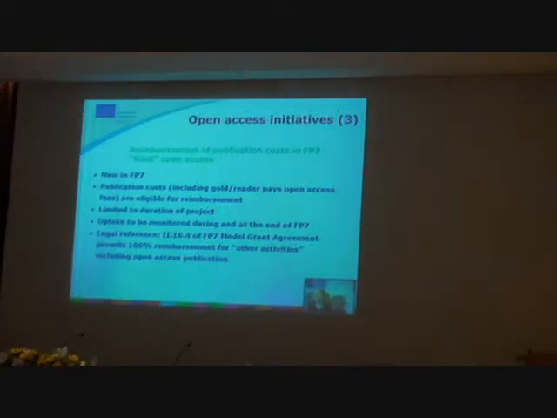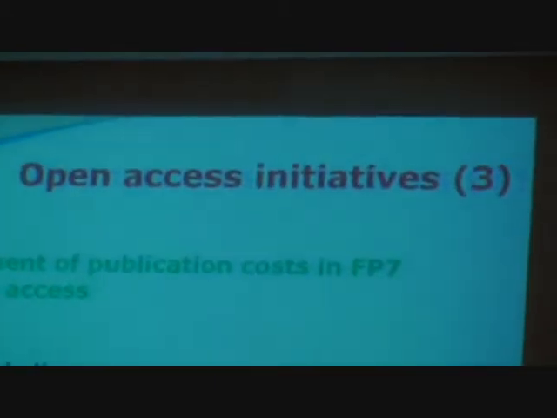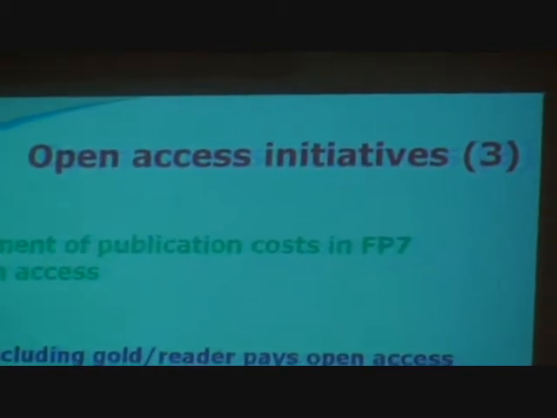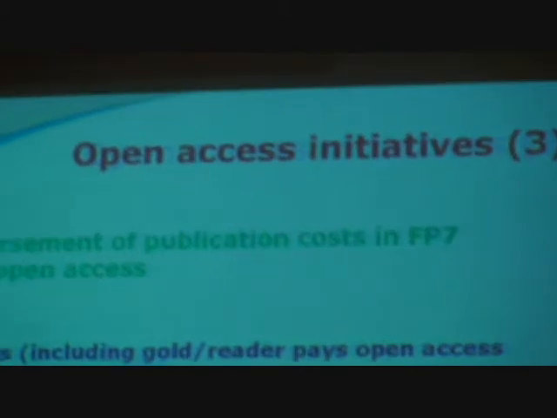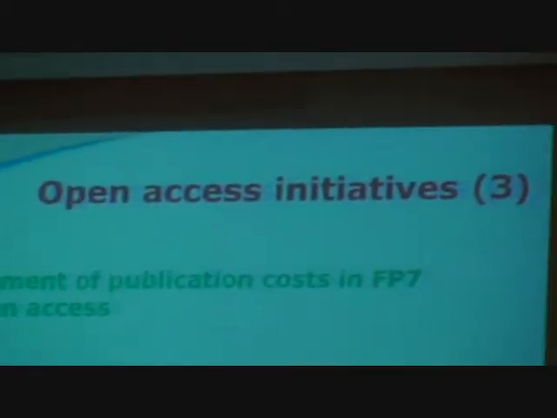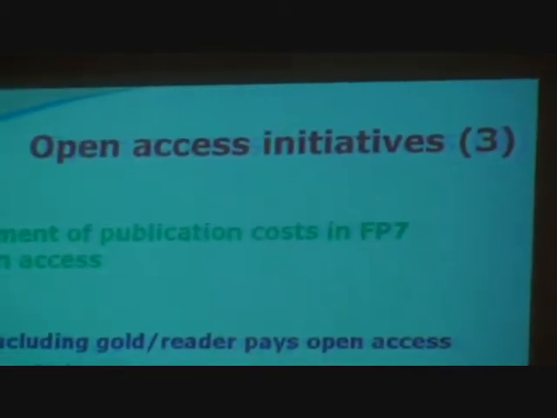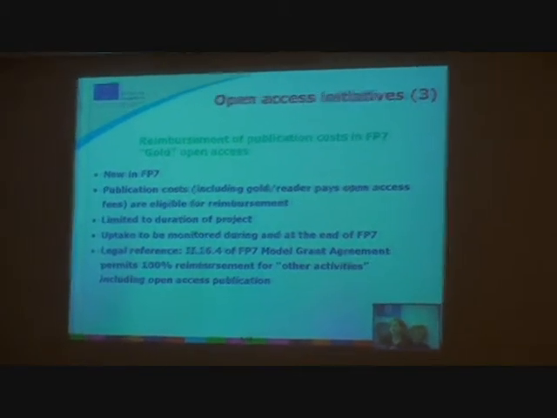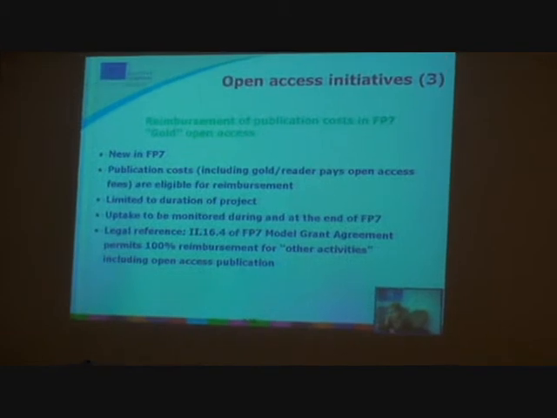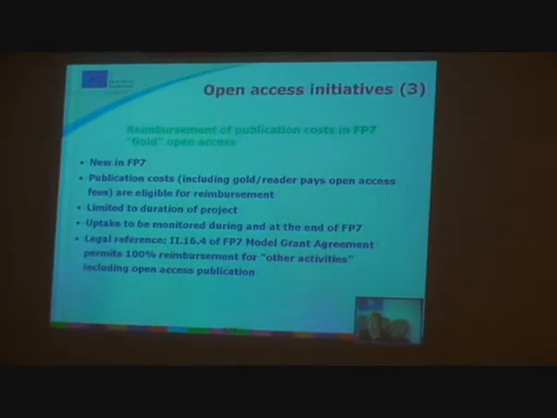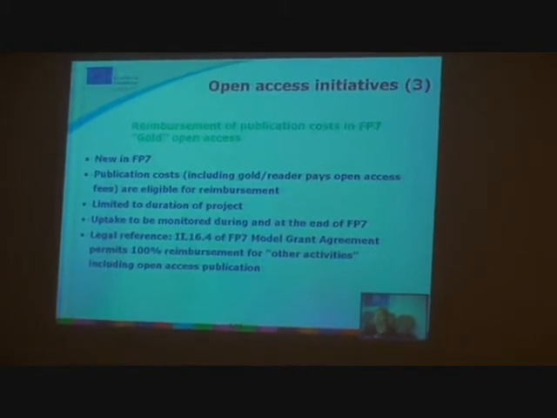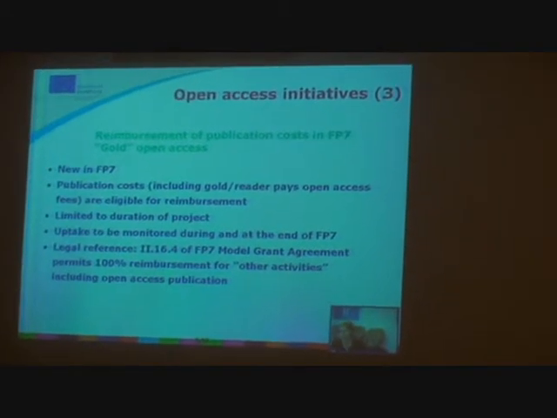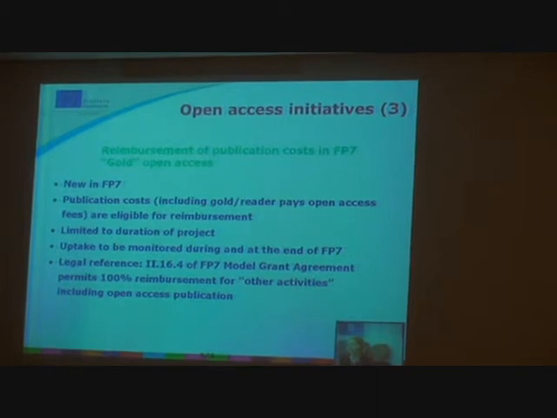In our program is the possibility of reimbursement of publication costs, so the gold open access route. The way it works basically is that publication costs are defined as eligible costs under the 7th Framework Program. They are part of so-called other activities. It's very technocratic, but that is how we classify them.